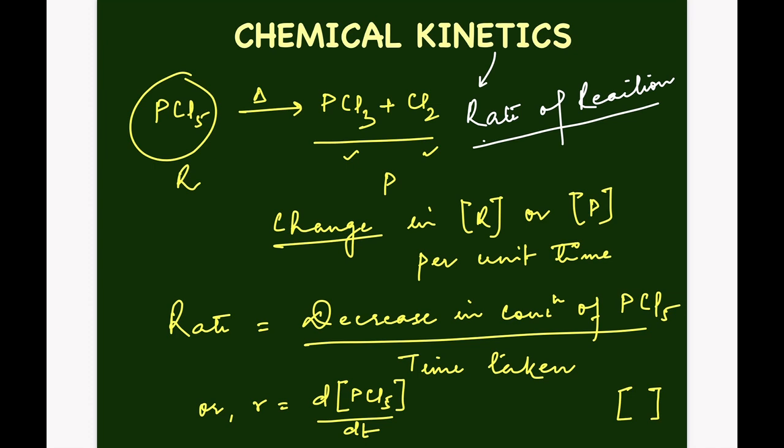Similarly, for this particular reaction, if we have to write the rate in terms of change in concentration of the products, what are the products that we were getting in this reaction? PCl3 and Cl2. So rate of this reaction can also be expressed in terms of change in concentration of the product.